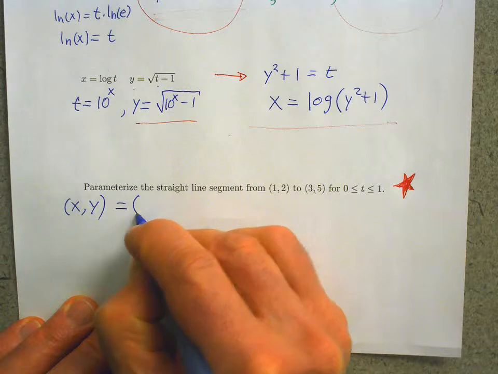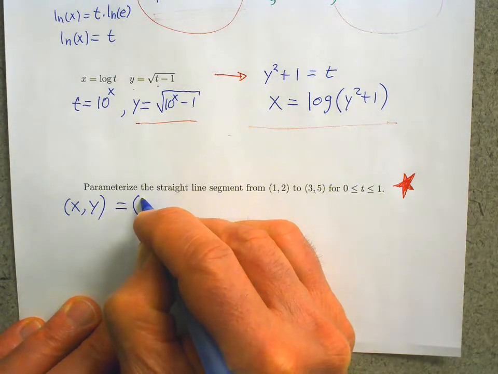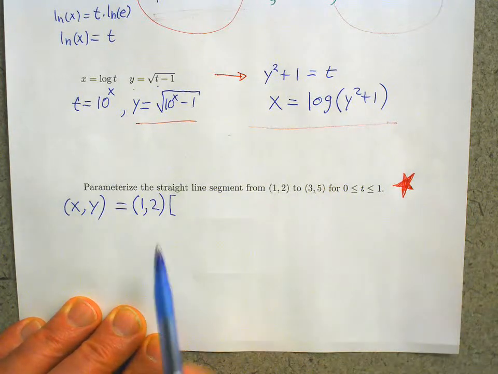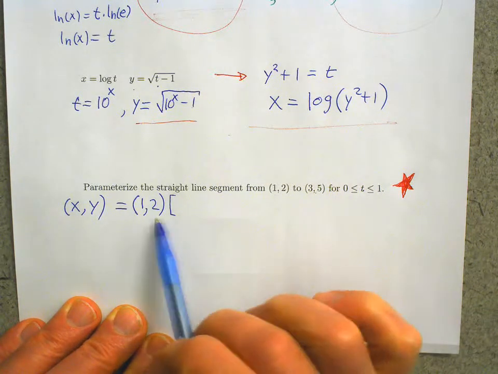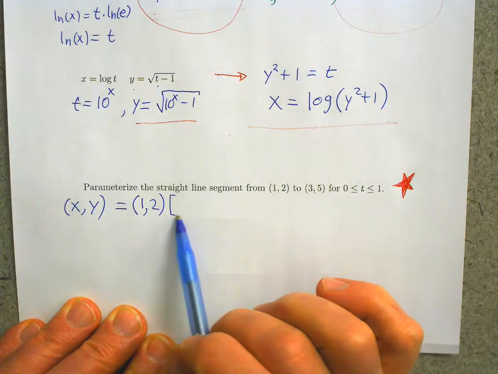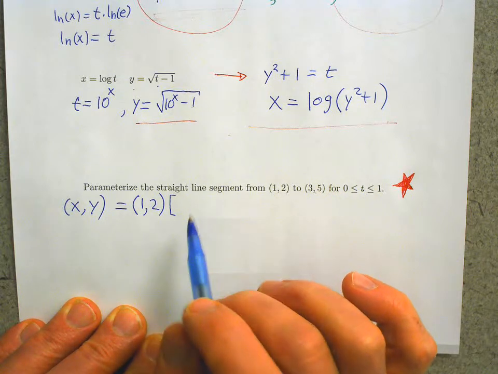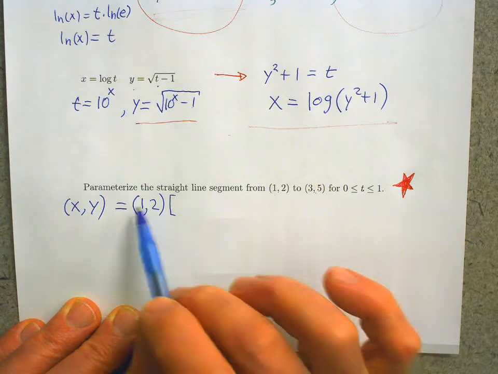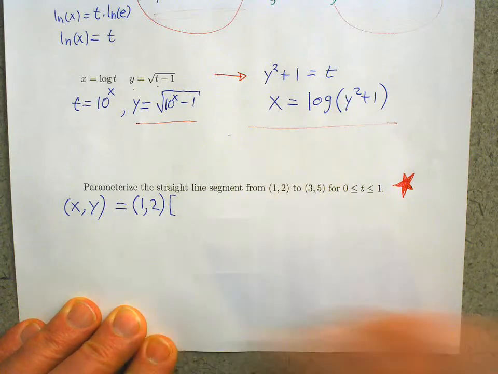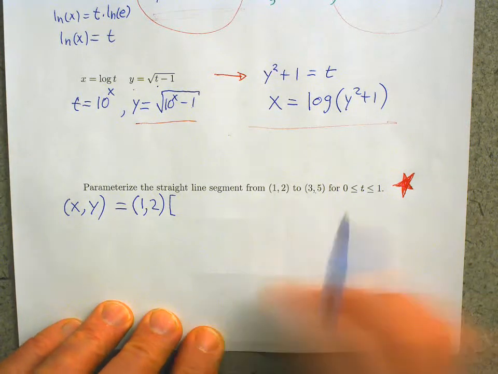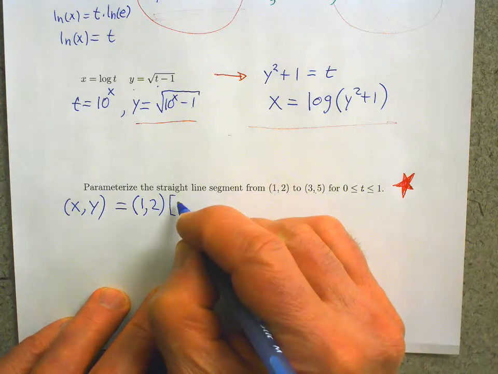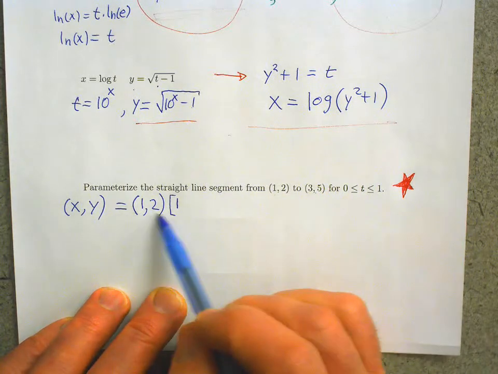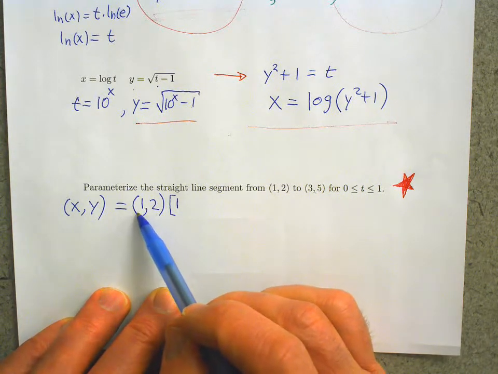So the initial point is the ordered pair 1, 2. And we're going to multiply the ordered pair by a scalar, something that represents a real number. We're going to multiply each of the coordinates by the scalar. If I multiply each of the two coordinates by 1, then I just get the coordinates.